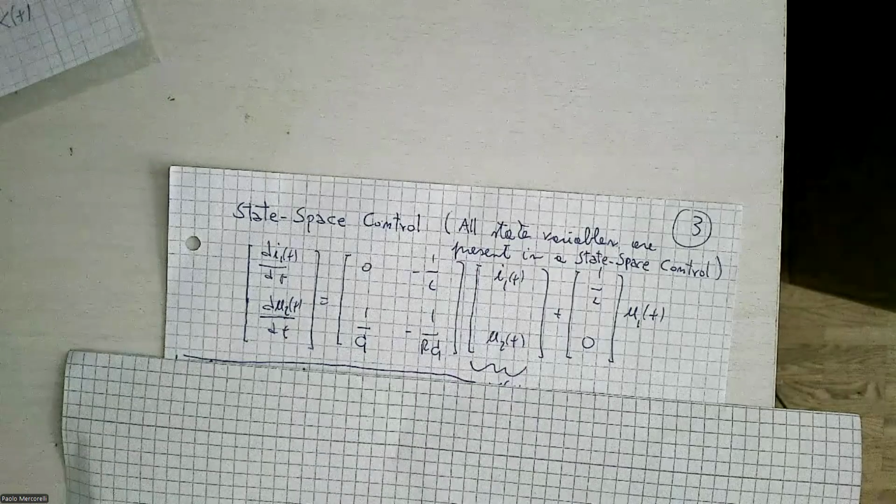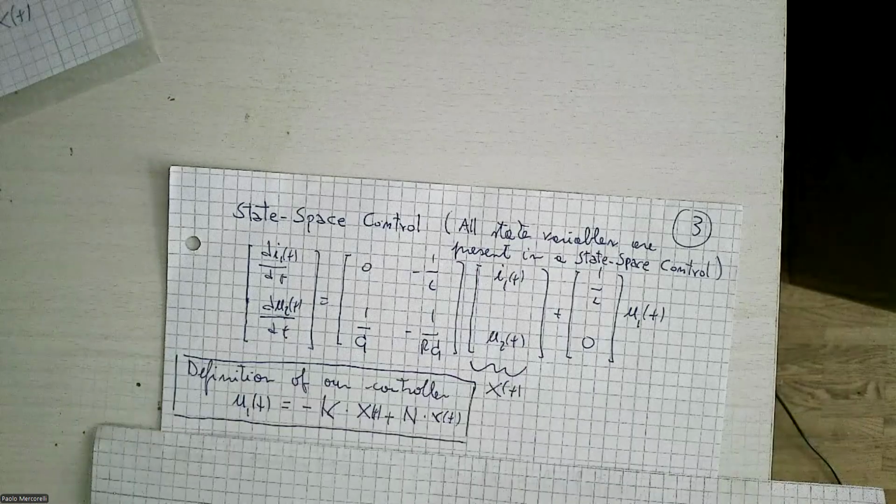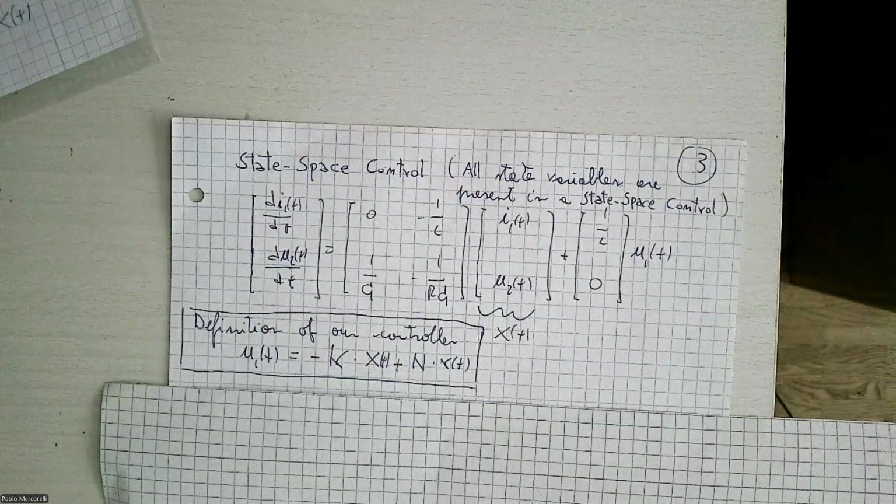Let me again reconsider this electrical system. Now, I would like to start introducing one control strategy which allows us to understand what a controller is. Look at this expression here.